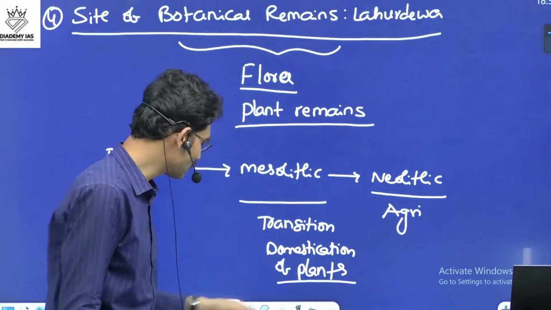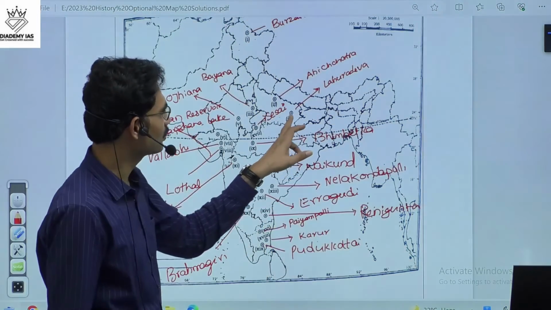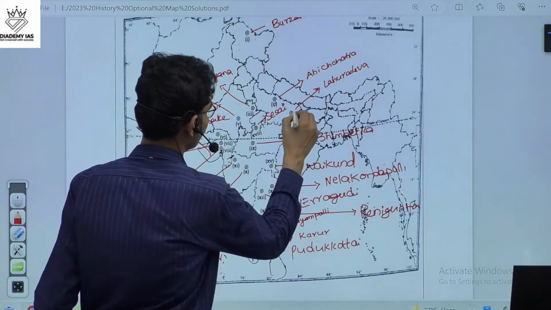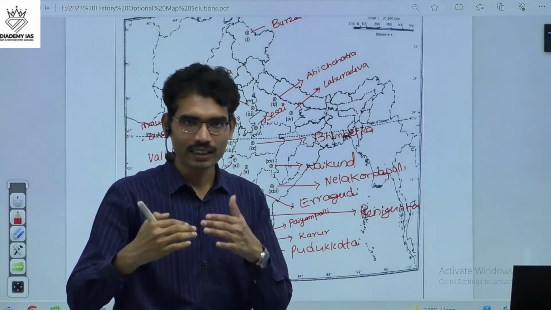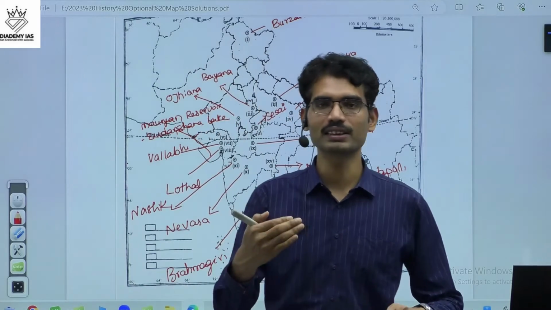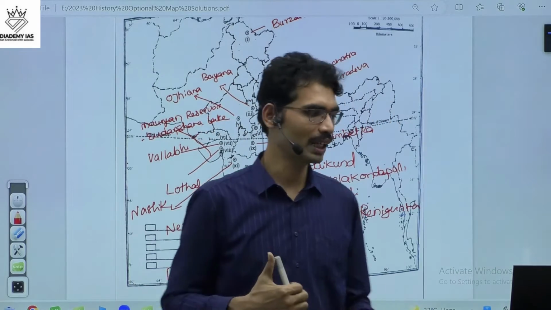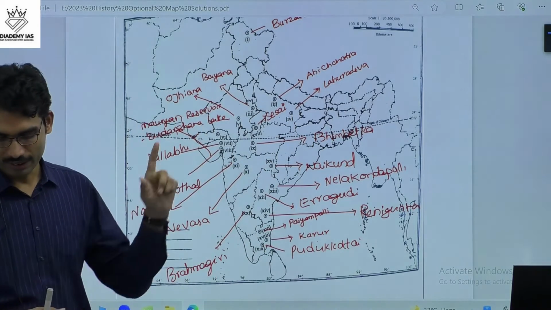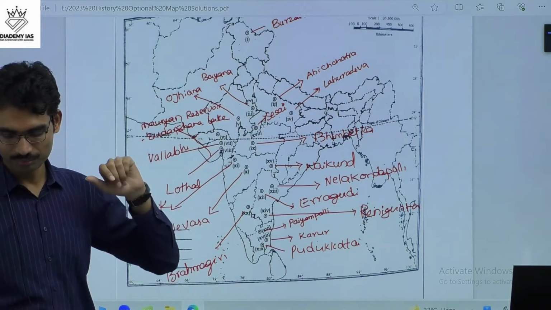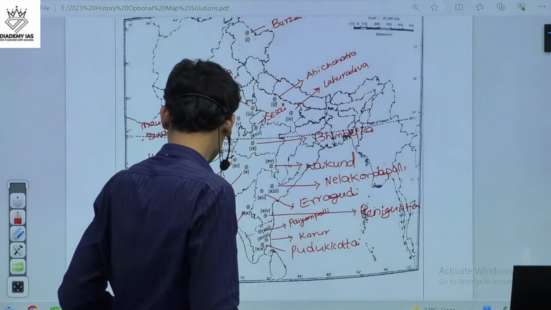And this Mesolithic evidence comes from this location. In this location, we get the initial stages of agriculture practice in the Mesolithic time period. That is Lahura Deva.